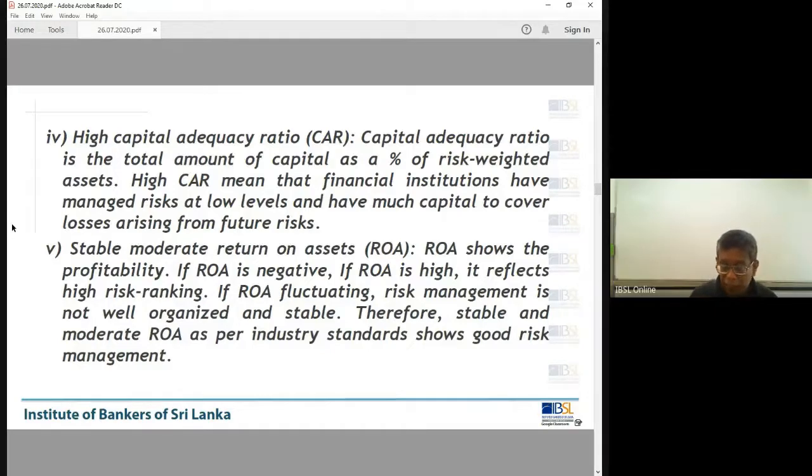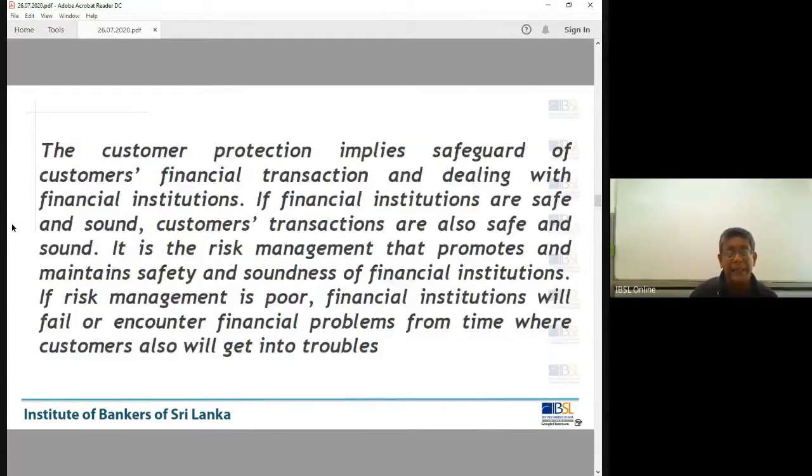So these are some of the indicators you can use to decide which bank you're going to deposit in or do some transaction with. Remember, risk management promotes and maintains the safety and soundness of a financial institution.